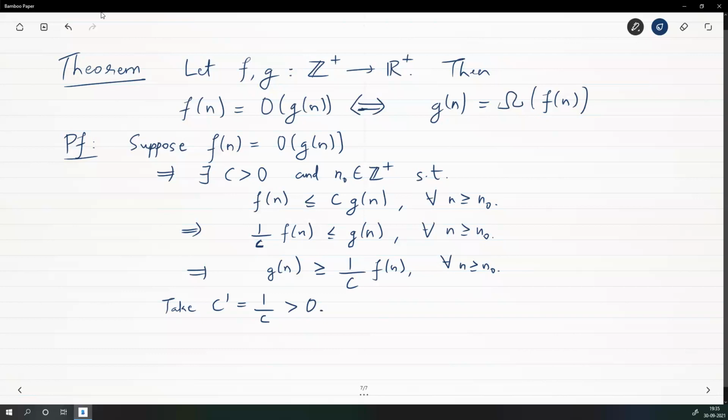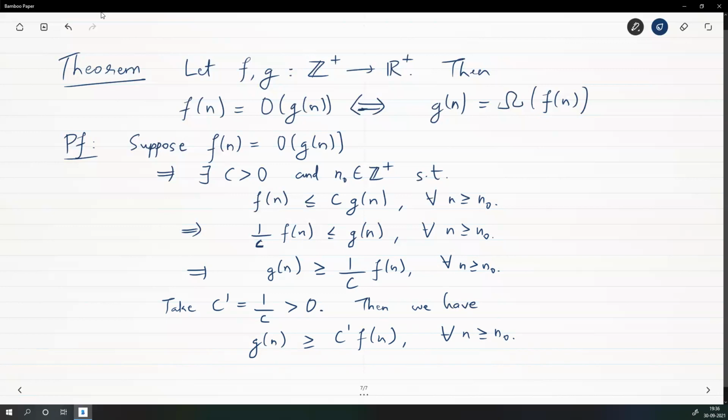So for this choice of positive number c prime, we have g of n is greater than or equal to c prime times f of n for all n greater than or equal to n naught, right?